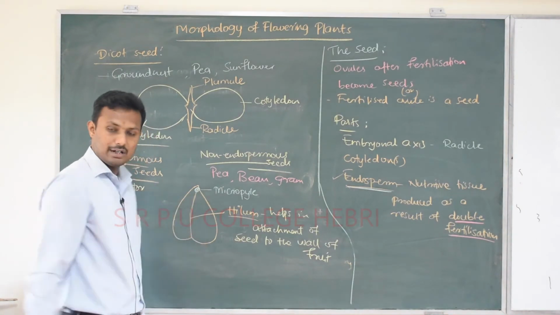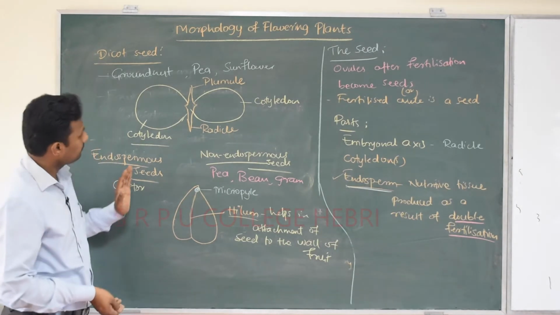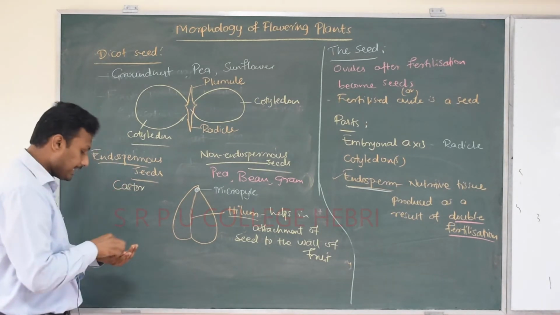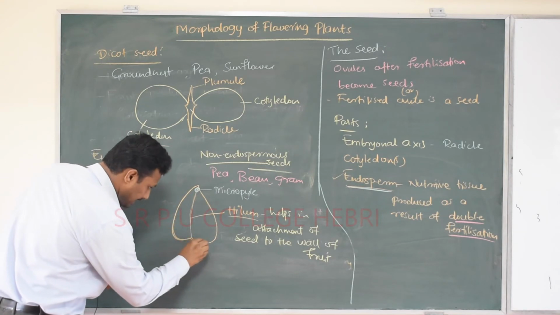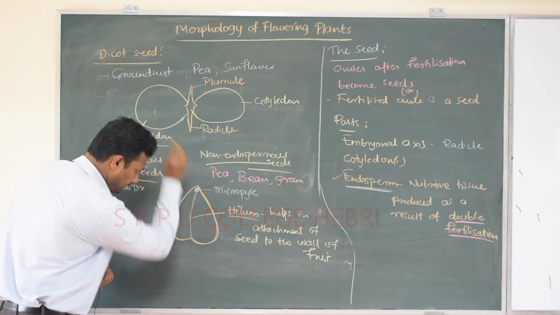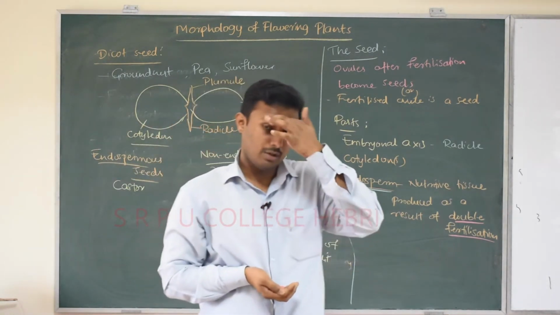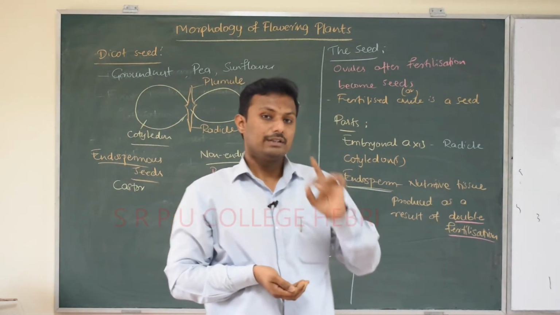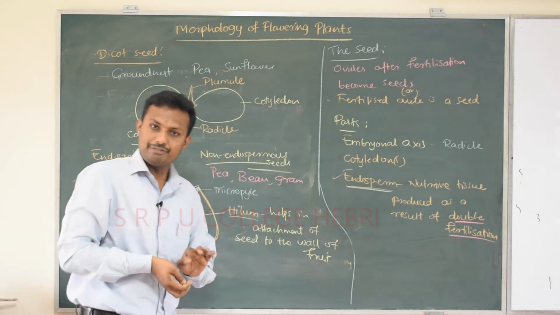So this is how a dicot seed will look. And every dicot seed will be covered by seed coats. There are two seed coats. The best example for this is groundnut. In the case of groundnut, there are two seed coats. Outer seed coat will be different and inner seed coat will be different.